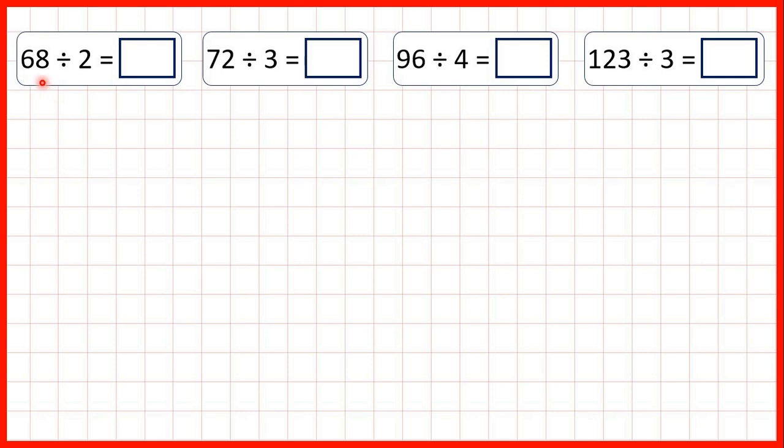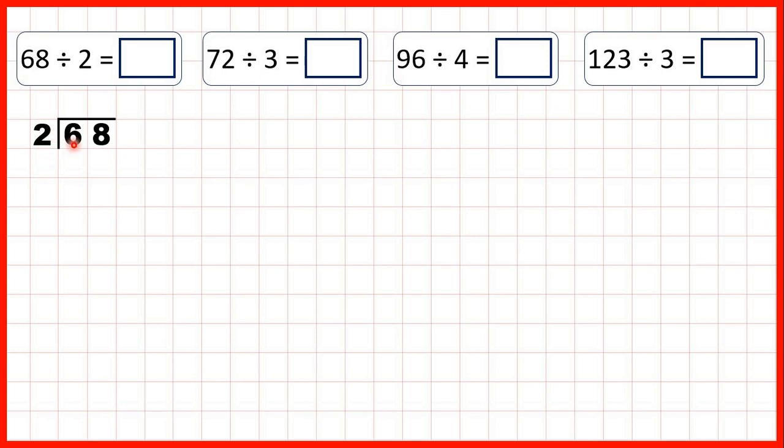Now we need to divide using short division. First, we have 68 divided by 2. So we can set the question out like this, with our divisor on the left. Now we start by dividing digits in larger place values. So first, we need to divide the 6 in our tens by 2.